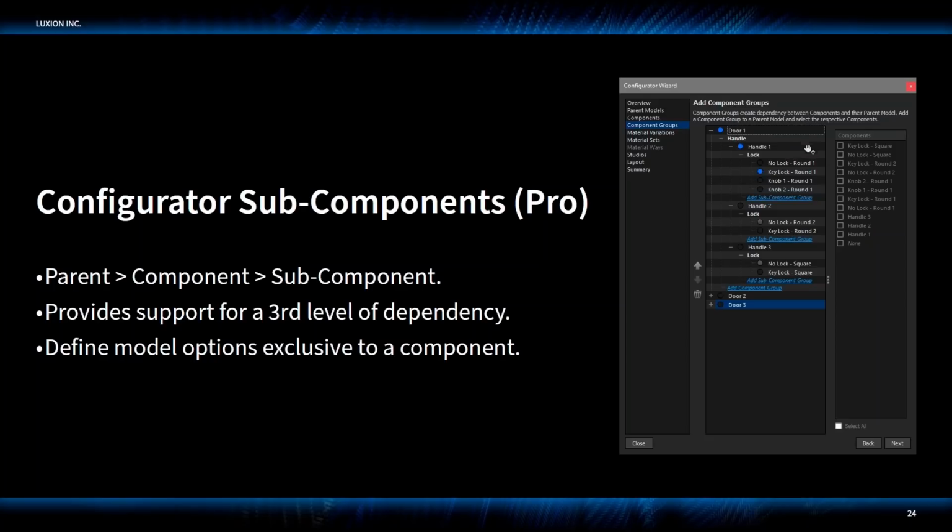If we look at this screenshot, we have the option to choose between 3 doors as our parent model. For door 1, we have 3 different handles that we can choose. And then as subcomponents, the third level, we have options for different lock variations for each of those handles.